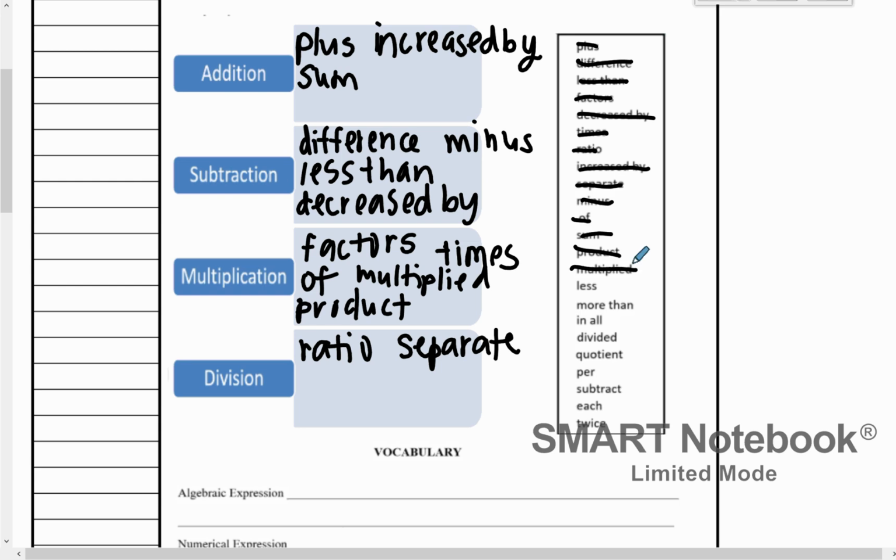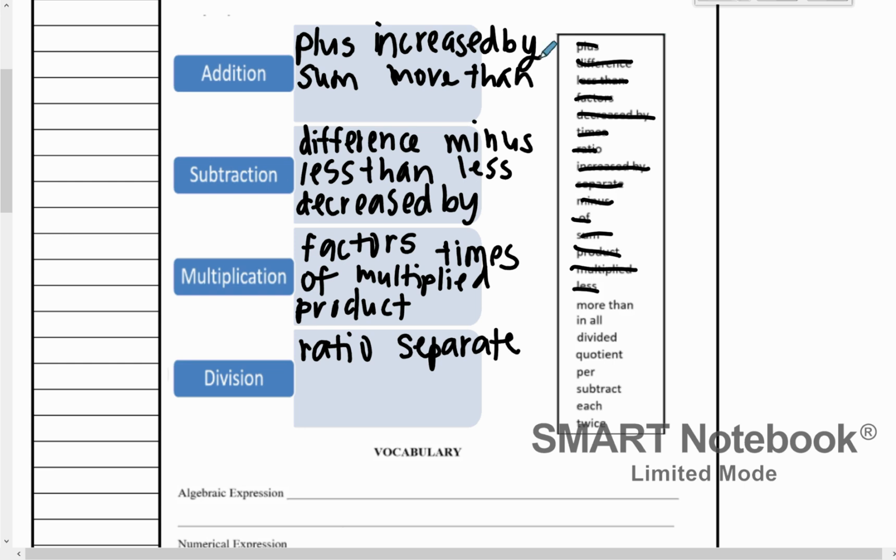Less. Okay, so 35 less 10. I know it sounds really funny, but sometimes we see that is going to be subtraction. We're going to see less than more likely. More than is going to be addition. So 3 more than 5 would be 8.